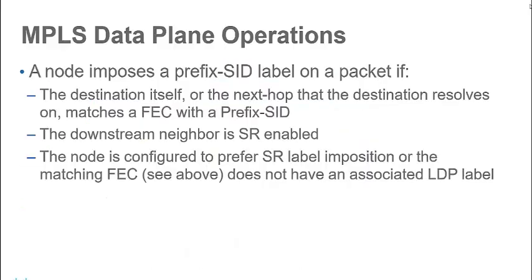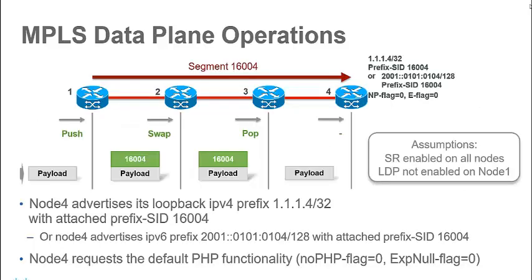You don't need to get confused with the last point too much. It is only if you have a mixed environment. I have MPLS LDP as well as segment routing. Some routers are not segment routing, they are only MPLS LDP. Some routers are MPLS LDP and SR, and some are only SR. When you have such a mixed environment, you will need this.